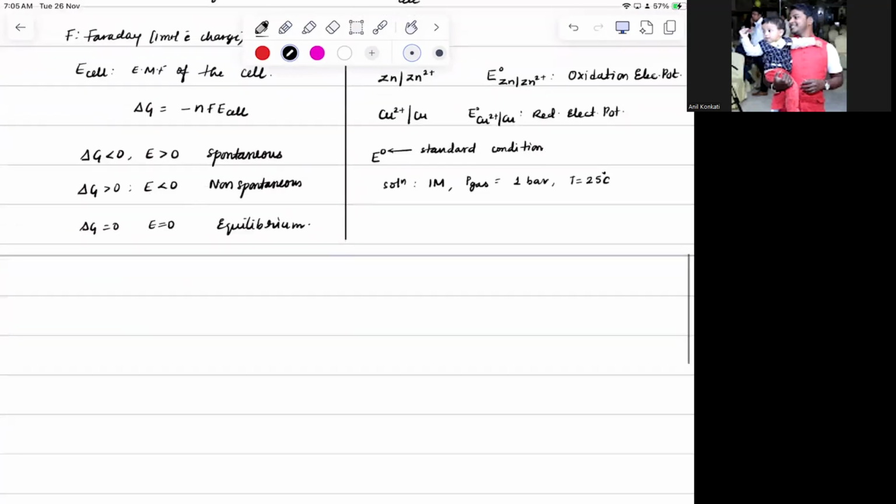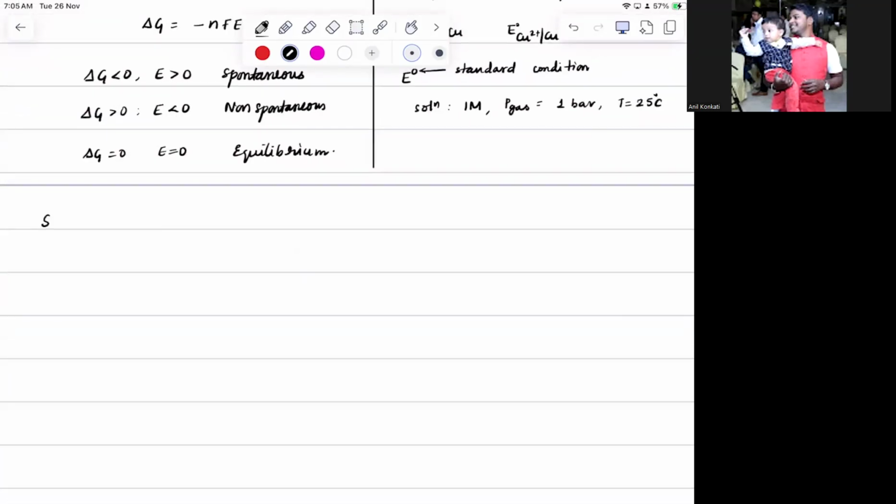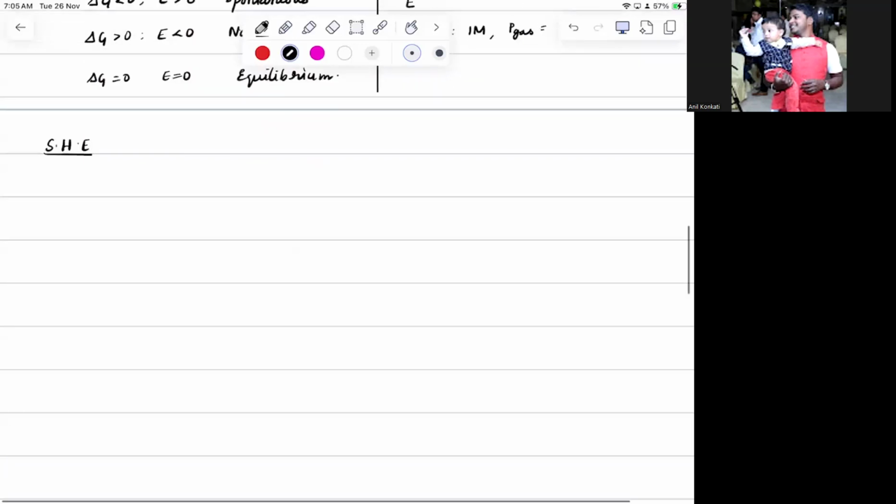For example, there is the standard hydrogen electrode, which will help us measure the various electrode potentials for different cases.